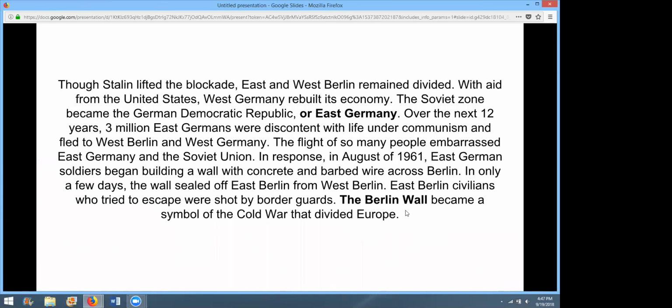So this is word for word from lesson 1.3 in semester 2. I'm going to give you about a minute or so to read the reading here. And what do you think is the main point?